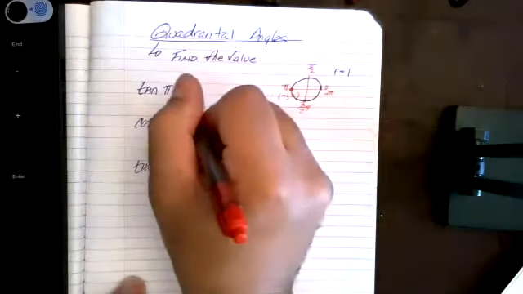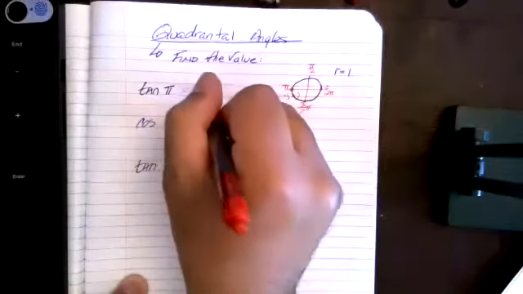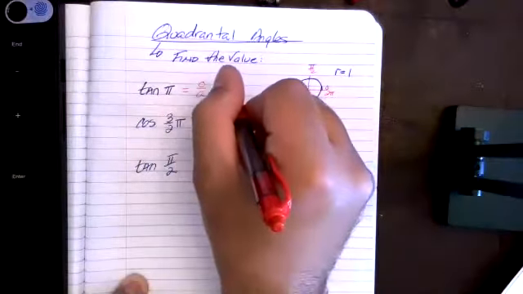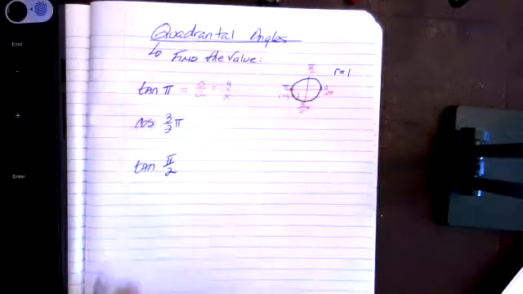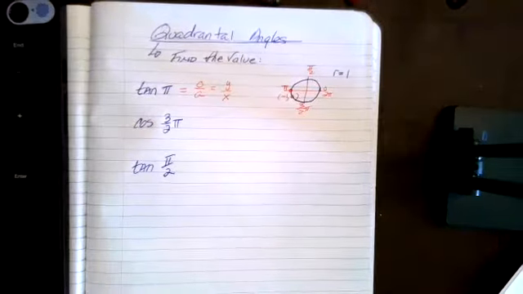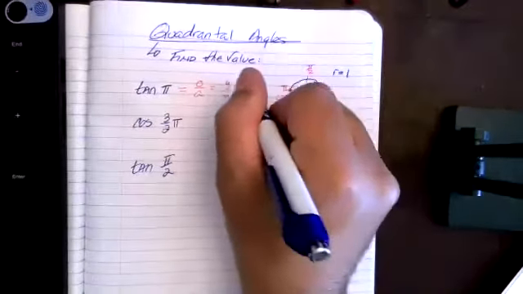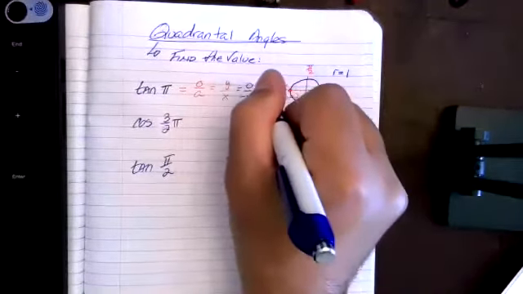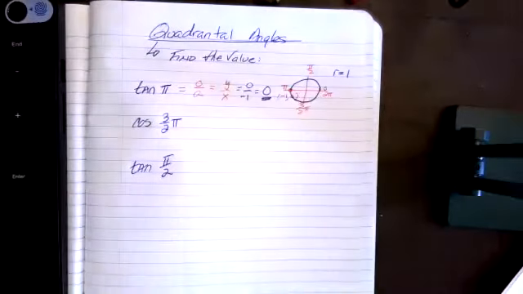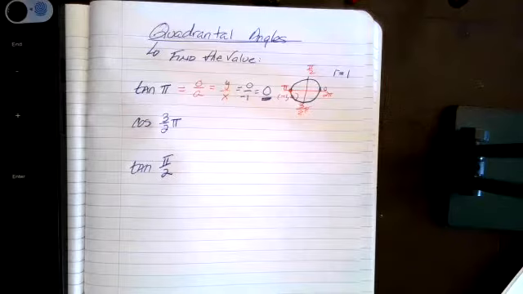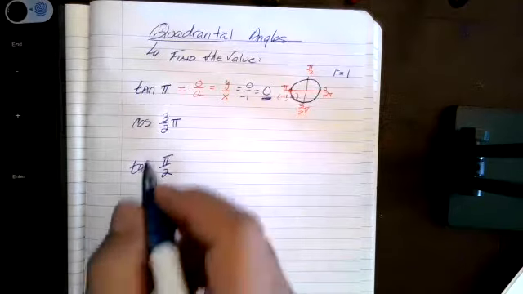And I know that tan is my opposite over my adjacent, which is really y over x. So in this case, my y over x would be 0 over -1, which would be 0. You all agree? Fantastic.